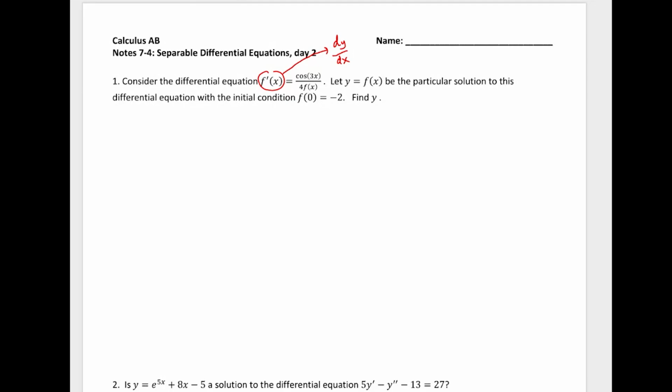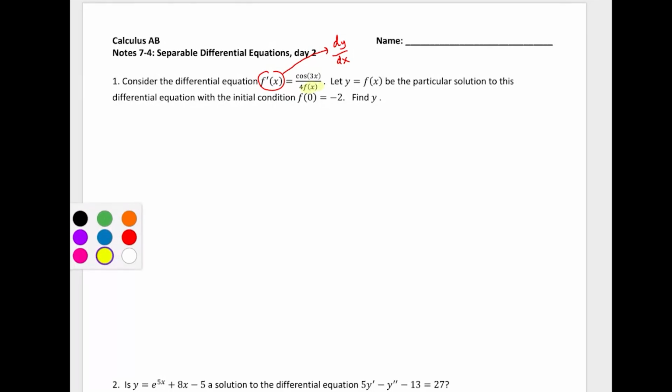So if we want to try to find y here, try to find that function f of x, we need to separate the x's and the y's. And we could do that by using that cross products property. Now, we want to be careful here because we want all the x's to be on one side. One thing that might throw you off here is the f of x that we see in the denominator.